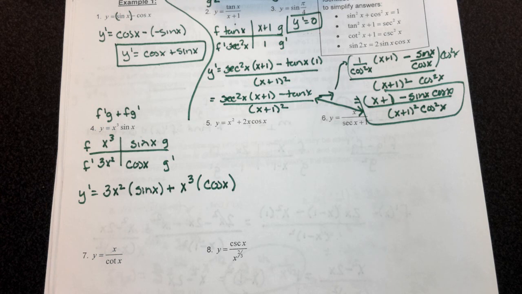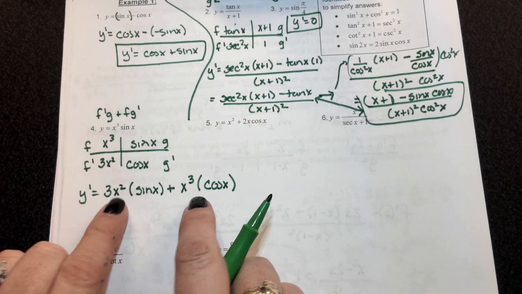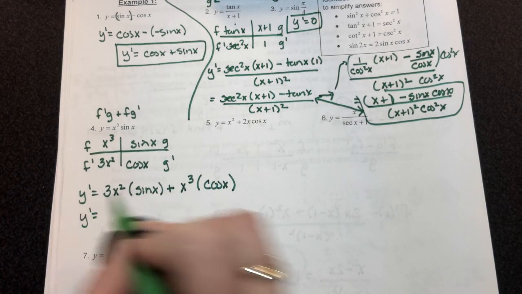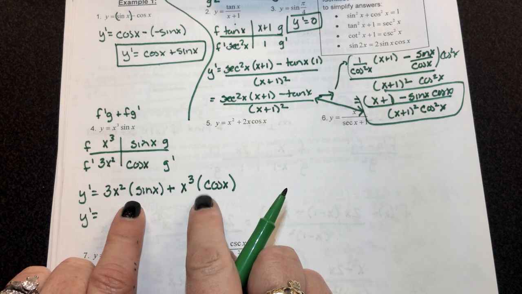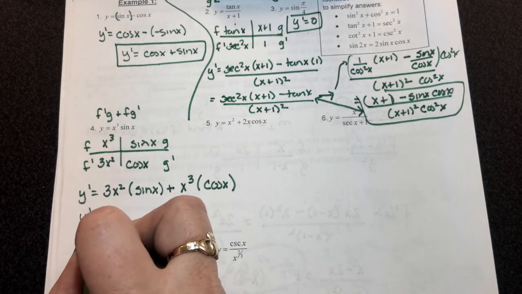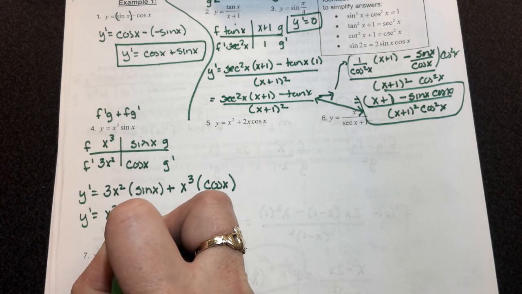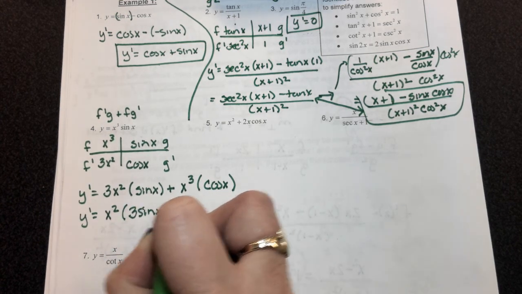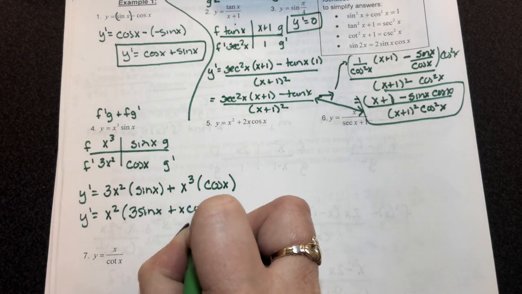Get used to these more complex derivatives being put into factored form to clean them up. What common factor can you factor out of this entire thing? What's in common in both terms? You can pull out x squared. So I factor out an x squared. That's going to leave me with 3 sine x plus x cosine of x.